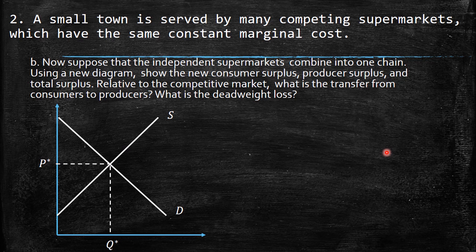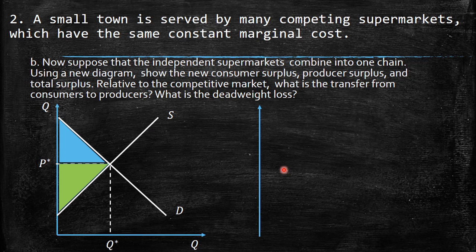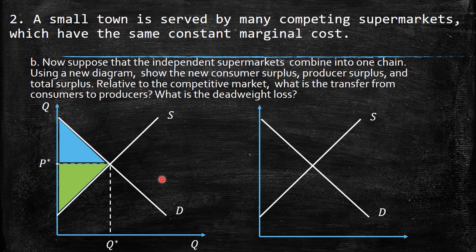The price charged in this market is not going to be here. Again, the same mistake, it is going to be P, and the price is going to be higher. So here we have the first situation of the competitive market, and here we are with one chain. The chain will charge a price higher than P star because they have what we call in economics market power.